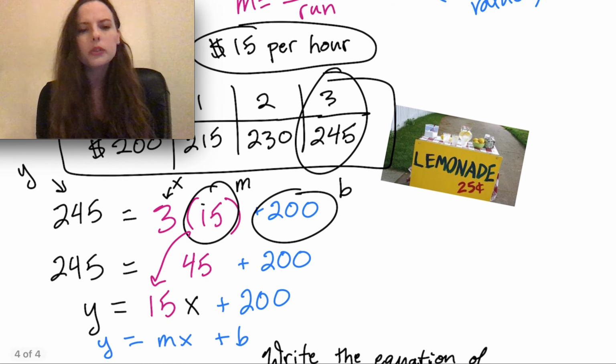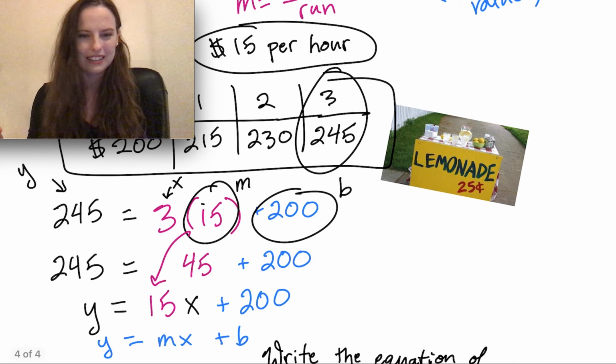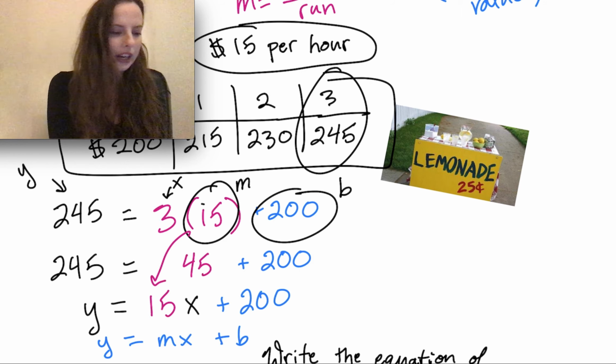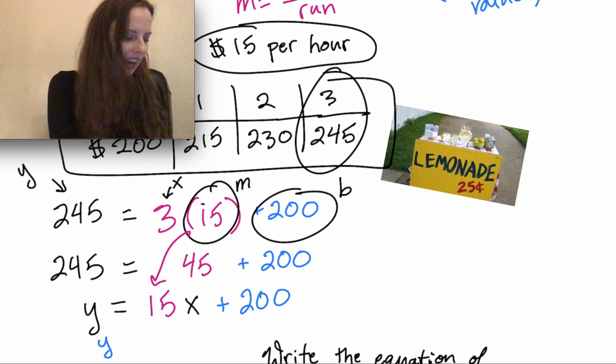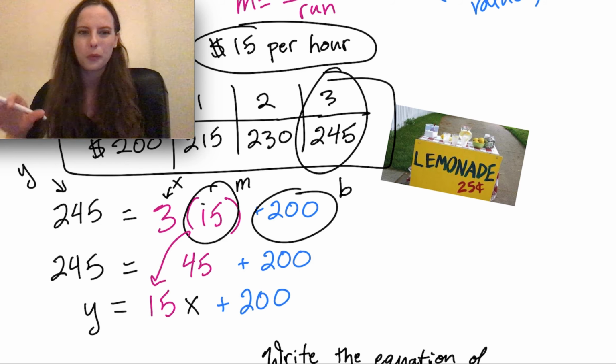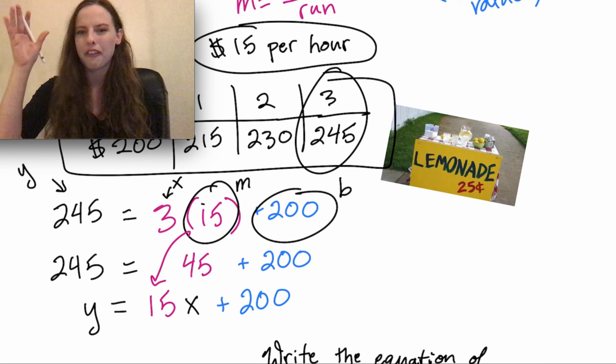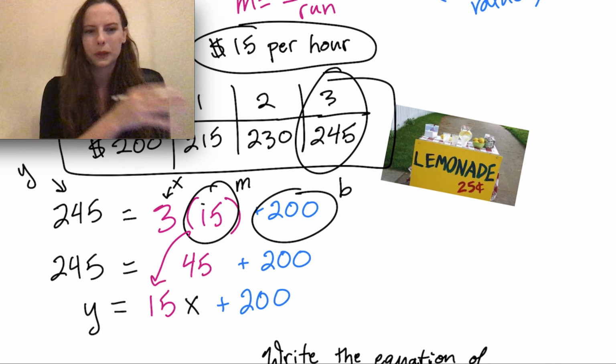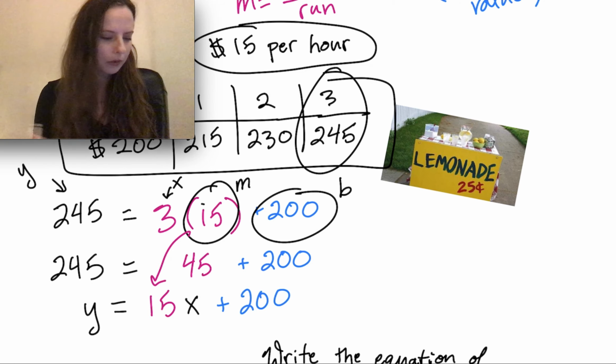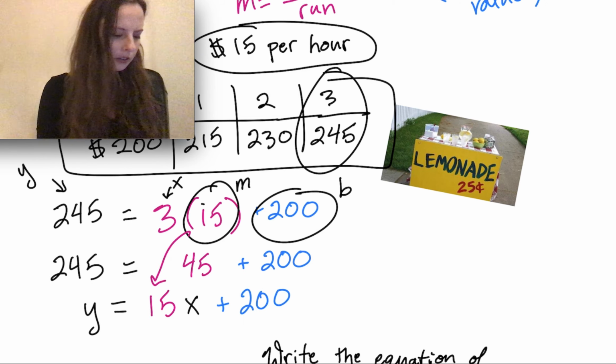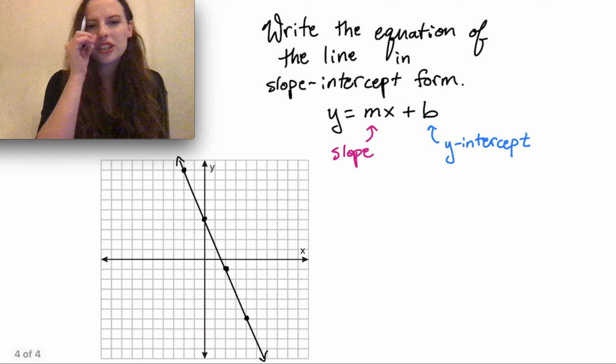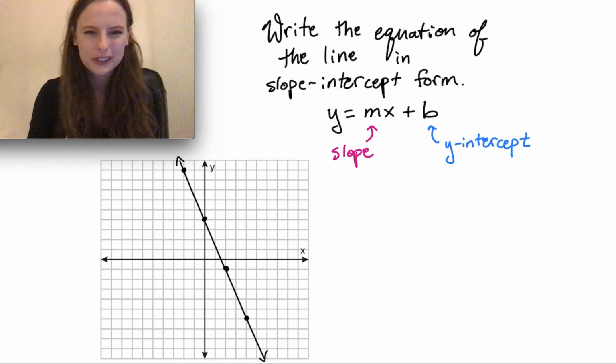So you use these steps on a regular basis anytime you're working with a rate of change. And y equals mx plus b is just a way of making it a formal mathematical procedure that we can always follow. So let's keep on going to the equation of a line in slope-intercept form.